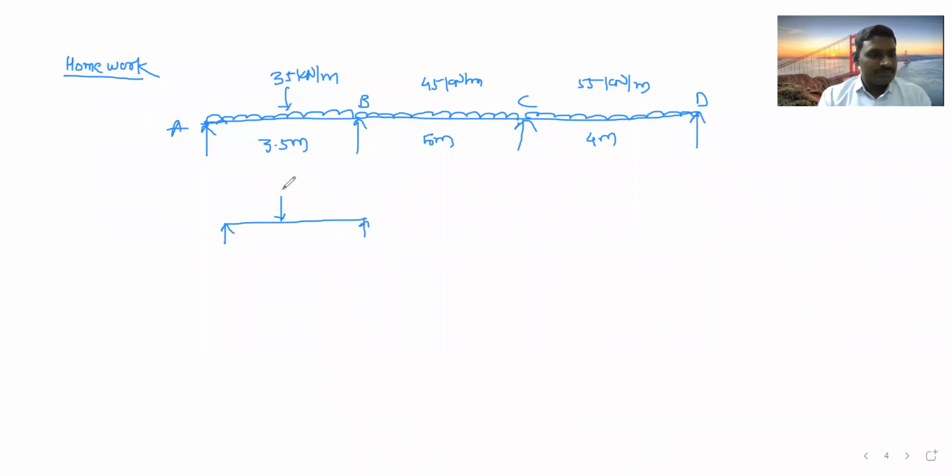From a distance of 0.86 L from point A, from the simple support and from the continuous support. B is the continuous support. So from B, what distance, and from A, what distance?